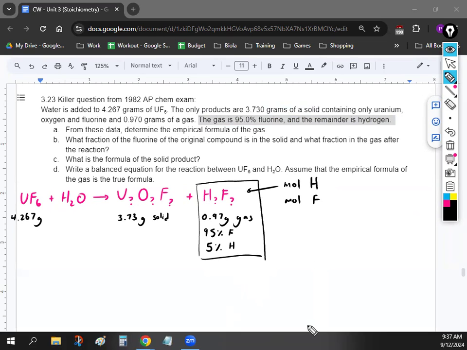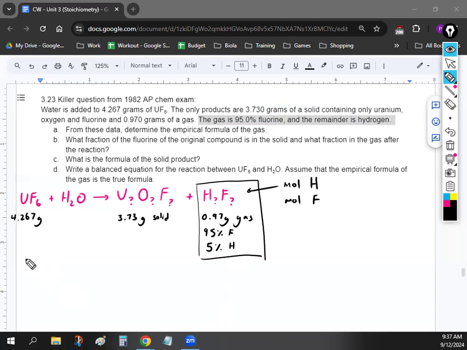Because to find the chemical formula, we need moles. So what we got to do first is find the grams of H and F inside of this gas, and then convert it into moles. Okay. Luckily for us, we have the percentages in terms of mass. So it's like what we did in the previous problem, but they kind of did some of the work for us and gave us the percentages.